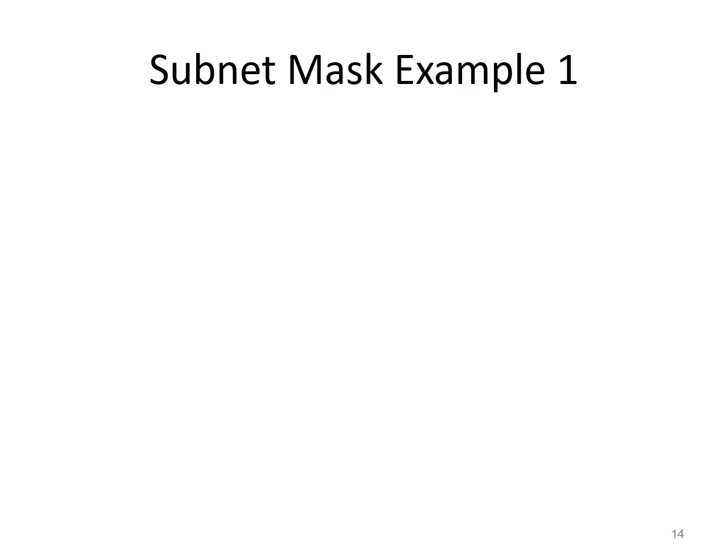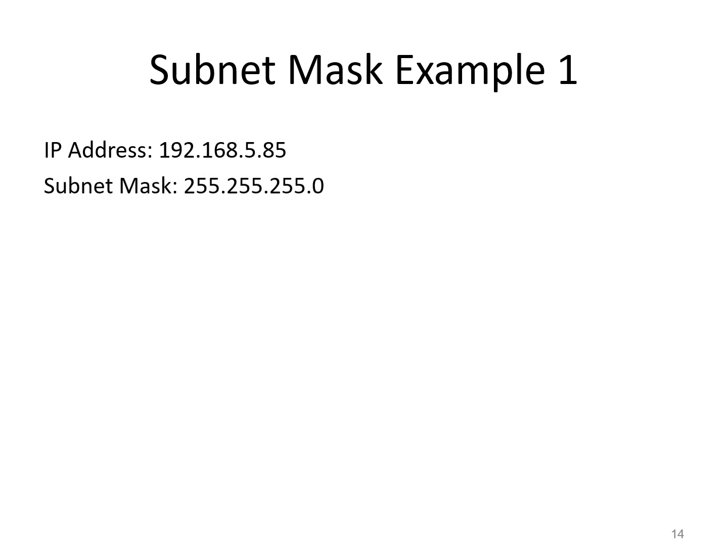Let's look at an example. Let's say we have an IP address of 192.168.5.85 and are told the subnet mask is 255.255.255.0.